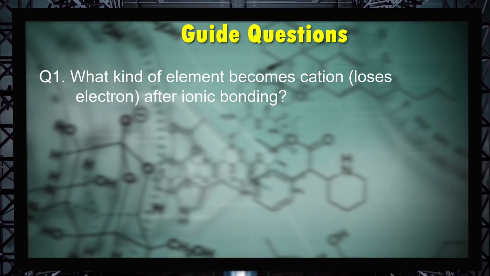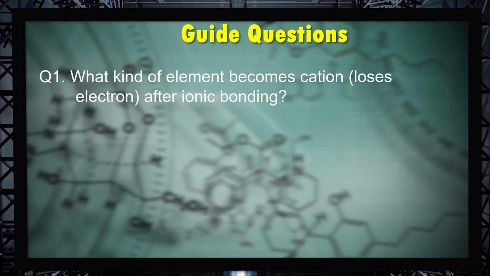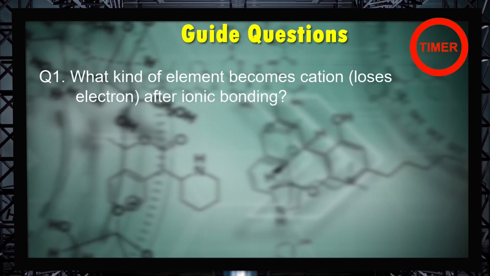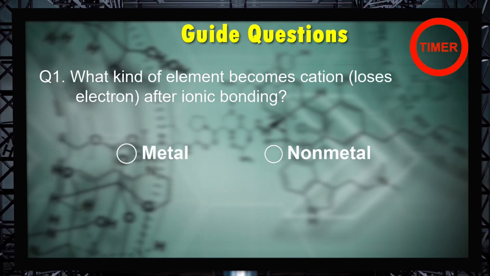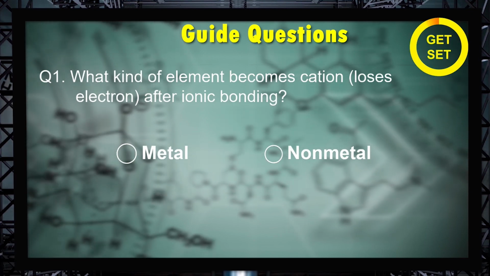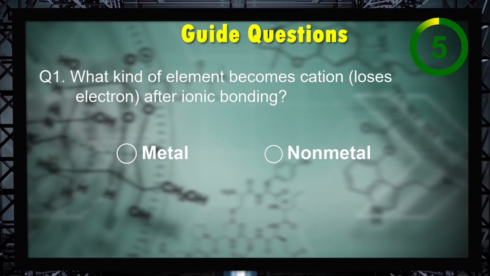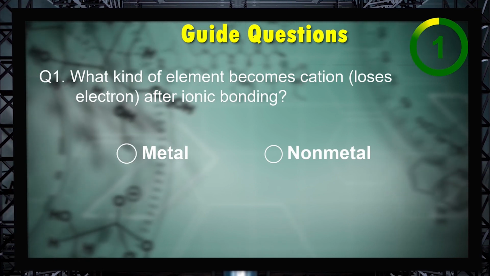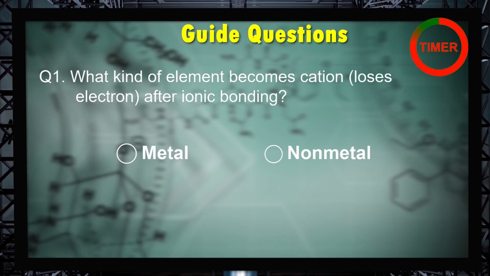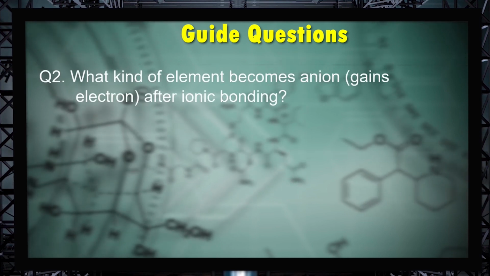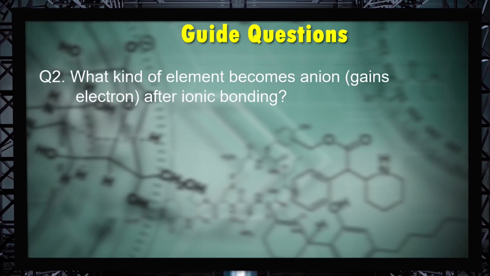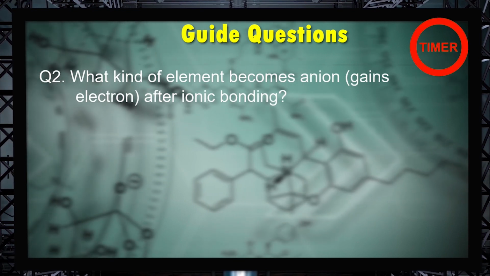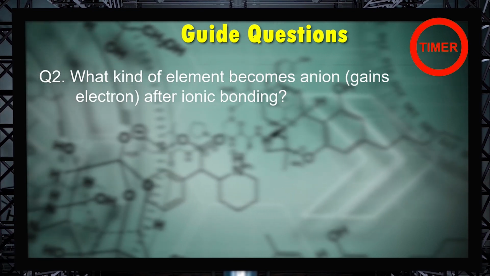Question 1. What kind of element becomes cation, or the one that loses electron, after ionic bonding? Metal? Non-metal? Question 2. What kind of element becomes anion, or the one that gains electron, after ionic bonding?